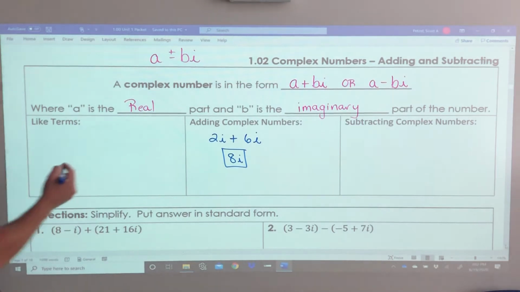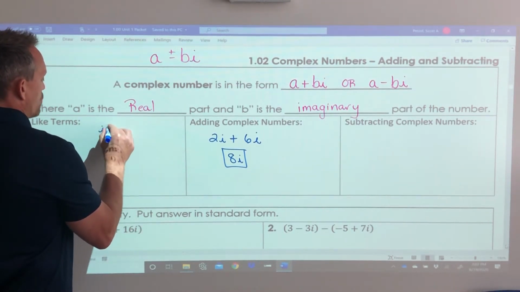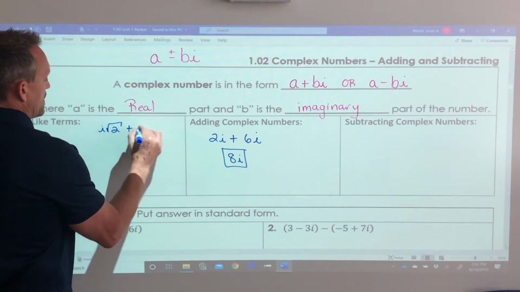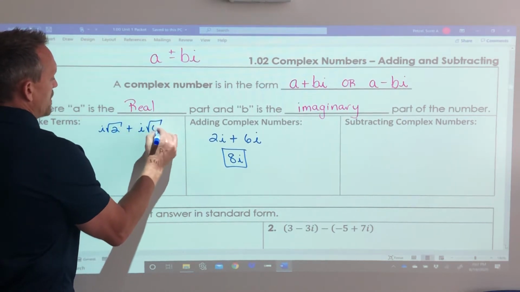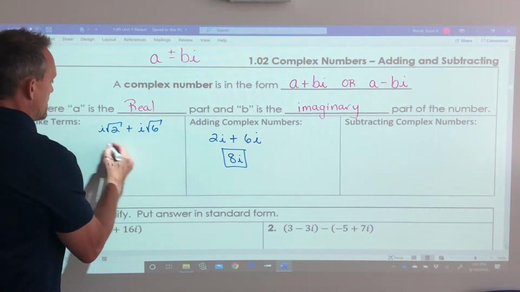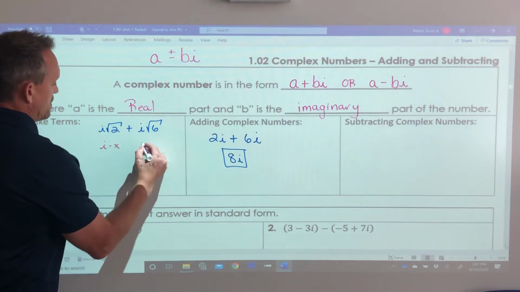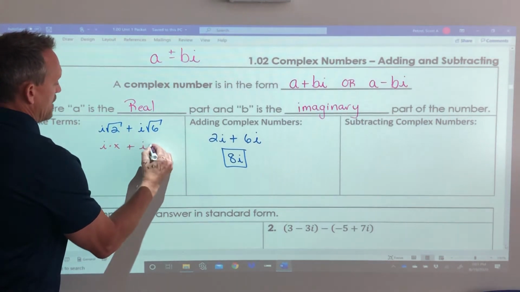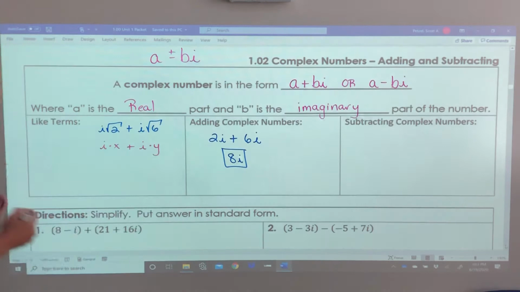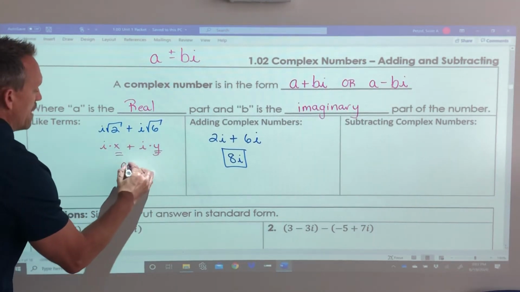So if you think of it in these terms, if I have i radical 2 plus i radical 6, this is very similar to if I had i times x plus i times y. You can't combine that, okay? You cannot combine that.